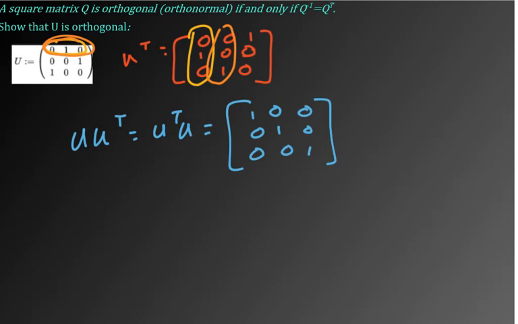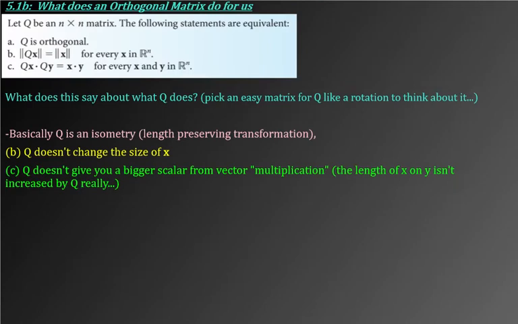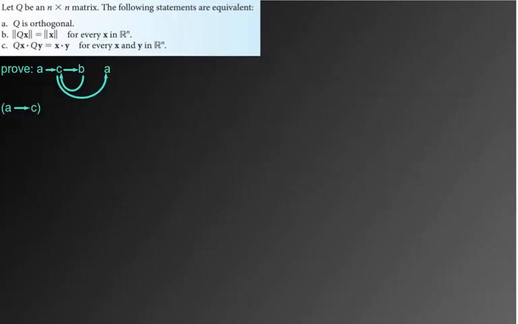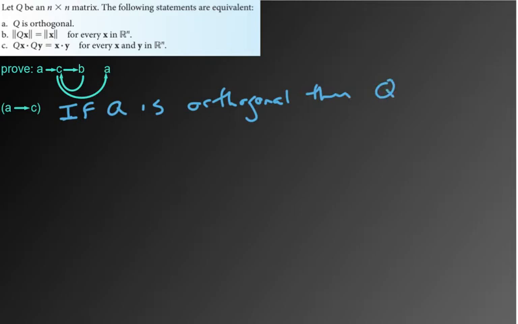So if Q is orthogonal, then we know that QTQ equals I_n for some n by n, okay? That's really the definition of orthogonal: its transpose is basically acting as the inverse.